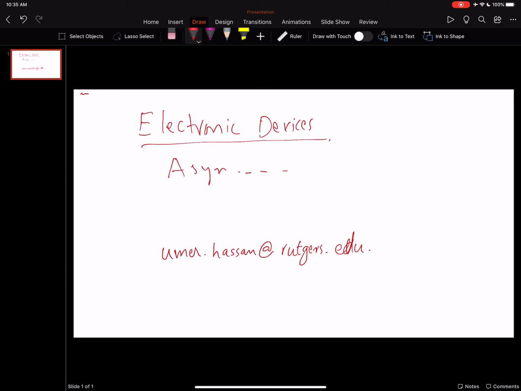For the remaining 7 weeks, we are going to talk about transistors, a very important topic. We are going to cover two of the most commonly used transistors in industry to make microprocessors and many other electronic circuits, and those transistors include MOSFETs and BJTs. We're going to cover all the topics in detail.